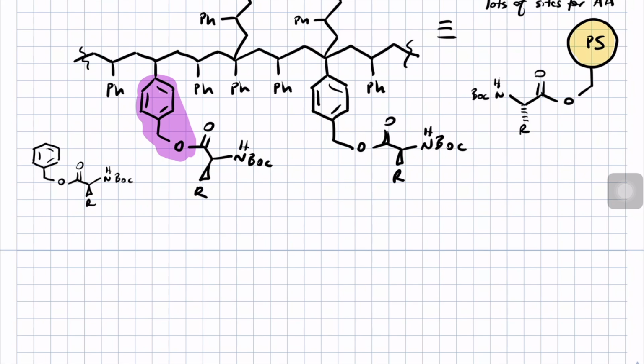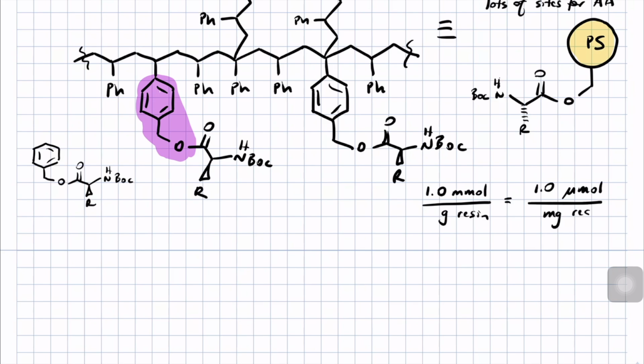Usually these beads have about 1.0 millimoles of attachment site per gram of resin. Or another way of saying that is to say that each bead has about 1.0 micromoles of attachment sites per milligram of resin. So even if you have a small amount of resin, by lots here, understand we mean something like 10 to the 18 to 10 to the 20 different sites per milligram of resin.